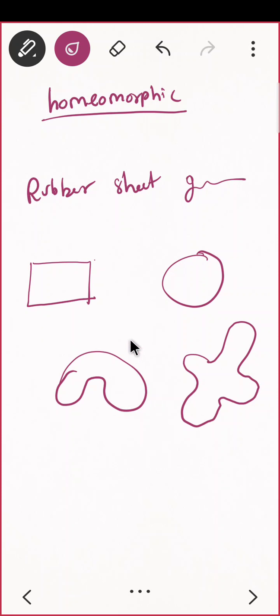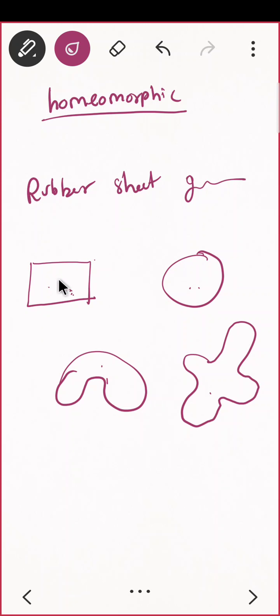So in topology, this is homeomorphic to this, which is homeomorphic to this, which is homeomorphic to this. Correct? So this is homeomorphic to everybody, because since it is working like a rubber sheet, I can map this with this, and I can map this to this.